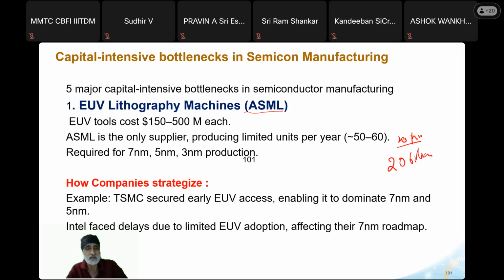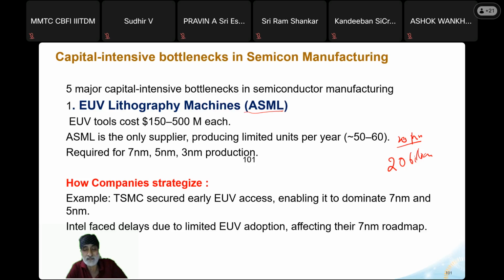So these litho tools are very, very expensive, and each process has a number of steps in the litho. In a fab, many litho machines are required depending on the production level, and there is only one supplier.